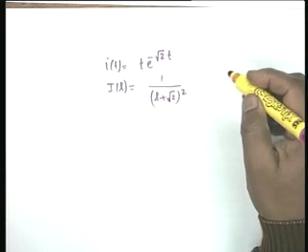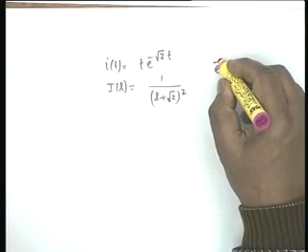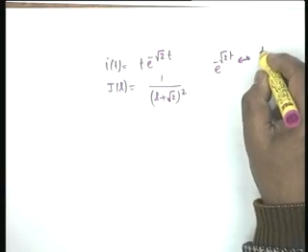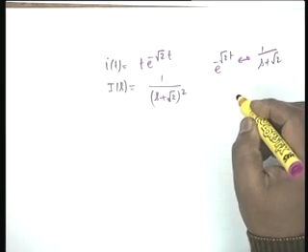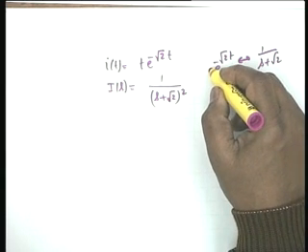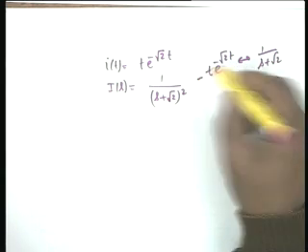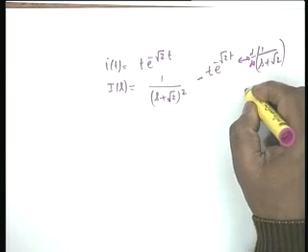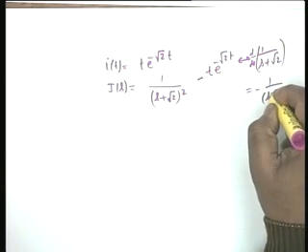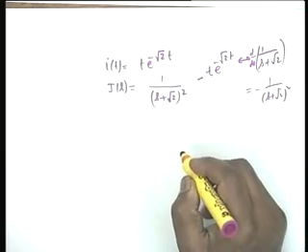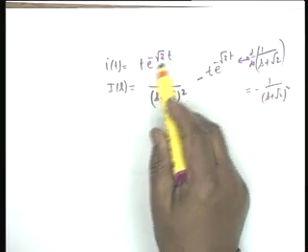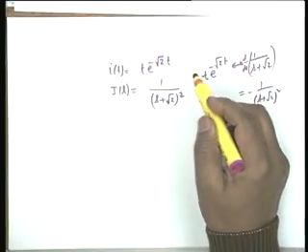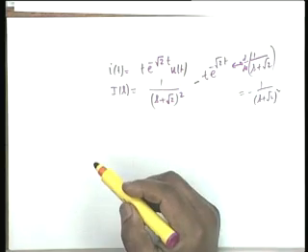To recall briefly, e to the minus root 2 t, the transform is 1 by s plus root 2, and if you multiply this by t and add a negative sign, then this would be differentiation of this, which is equal to minus 1 over s plus root 2 whole square, and therefore the transform of t e to the minus root 2 t. I have made a mistake, this must be multiplied by u(t).